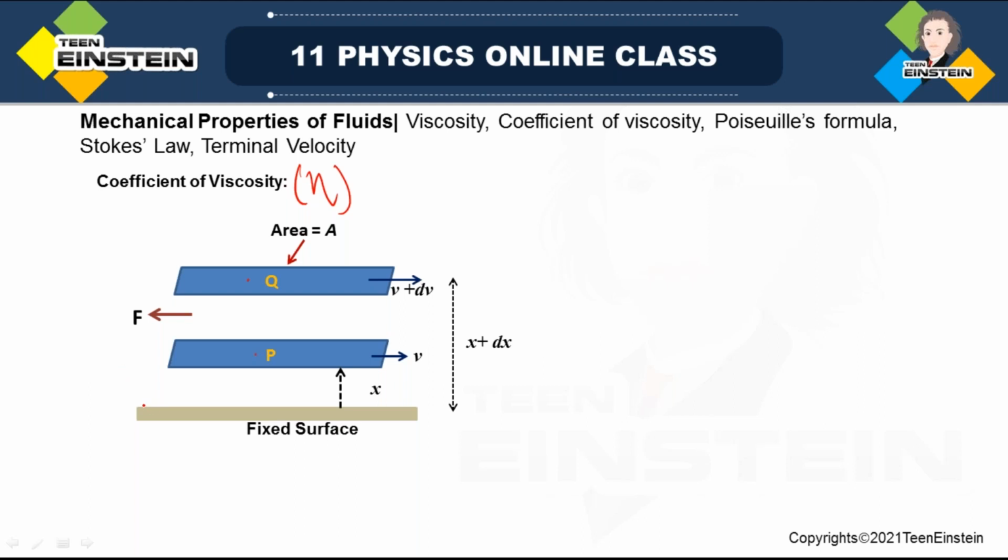As you know, the layer which is in contact with the fixed surface doesn't have any velocity, that we have learnt, and then slowly velocity increases as you go away from the fixed surface. So I'm just considering two layers Q and P. The P layer is at distance x from the fixed surface, and the Q layer is at distance x plus dx.